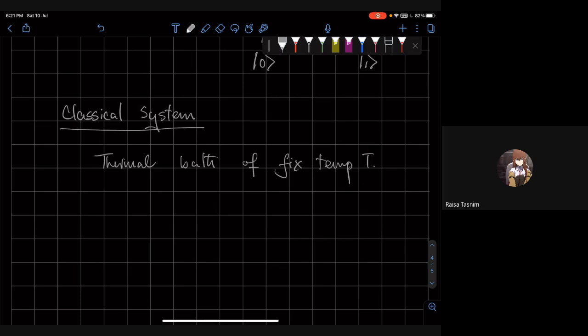So what does it mean to have a thermal bath of fixed temperature? Meaning that the temperature of the background will not change. So then we can ask, what is the probability that the system is in the state of energy E?